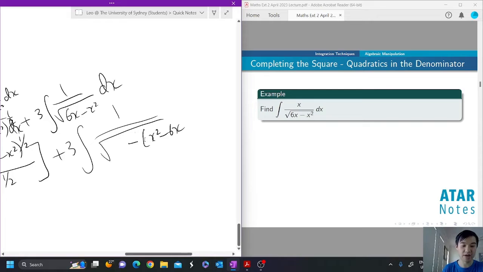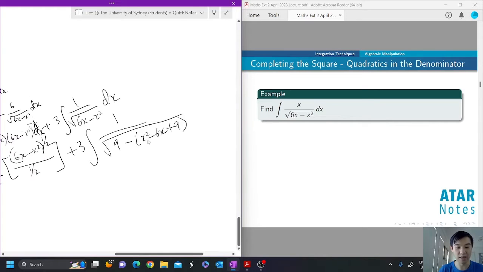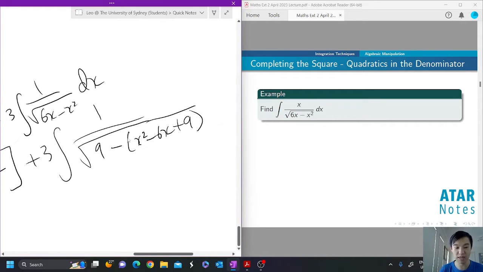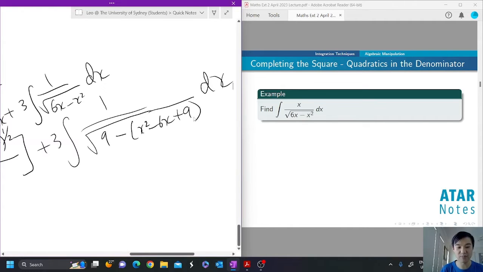If I factorize that out, I would need a plus 9 within that bracket in order to complete the square here. But because of that, if I did a minus 9, I also need to add a 9 as well in order to balance out the fact. So that when this expands, it will become a minus 9. So I can't just pull out a 9 out of nowhere. I need to also balance out the fact that I did that. So if you want to double check, you can expand this and you'll see it will all simplify to 6x minus x squared.